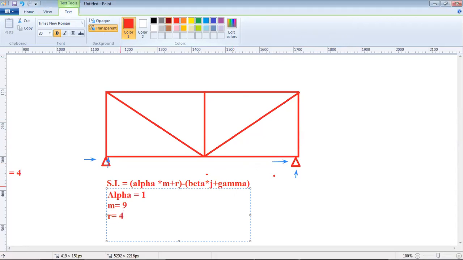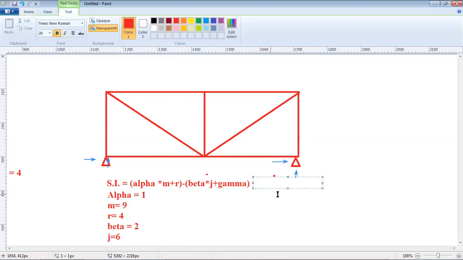Then beta value is 2: the number of equilibrium equations that you have here is 2 in a 2D truss. What will be the J value? 3, 4, 5, 6. It's 6. And finally gamma, there is no value of gamma, no releases.